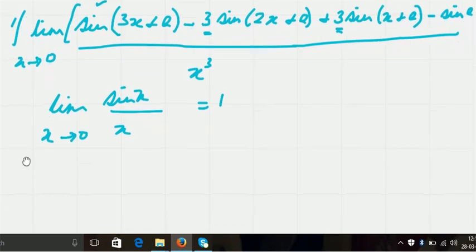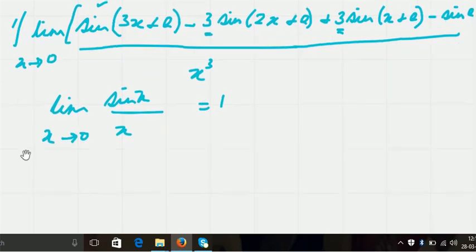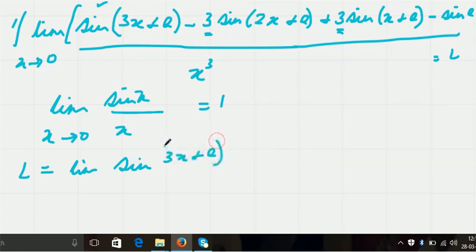Suppose this limit is L. So L is equal to the limit of sine(3x + a) minus sine a. Okay, we've clubbed these two.